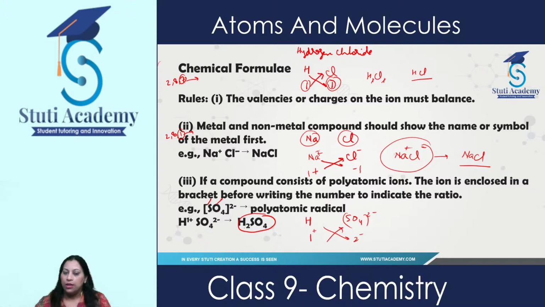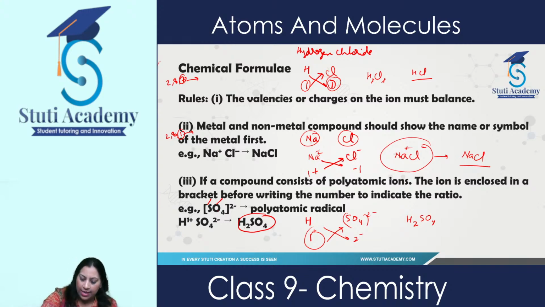Fine. Now after crisscrossing, it is H2SO4. No need to write it in a bracket because it's only 1. And if it is more than 1, then we'll use a bracket. That example I'll take later. Those kinds of examples also I'll do. So I hope this is clear. If polyatomic ions are present, then how will you write the chemical formula?